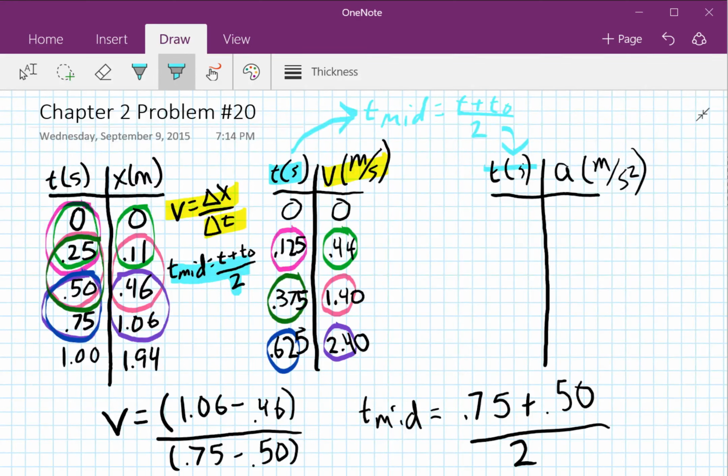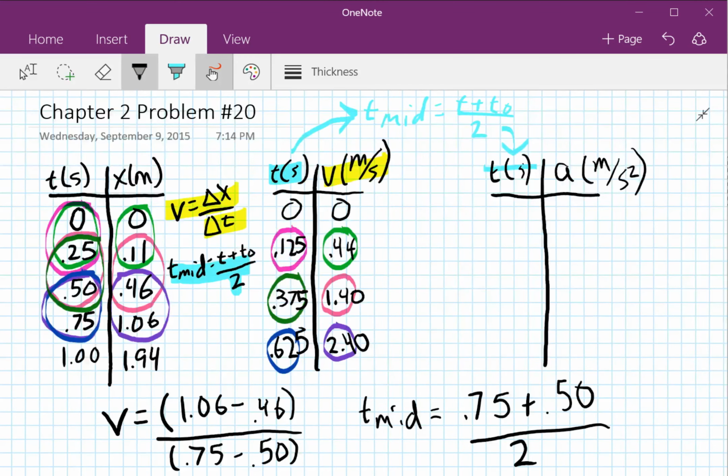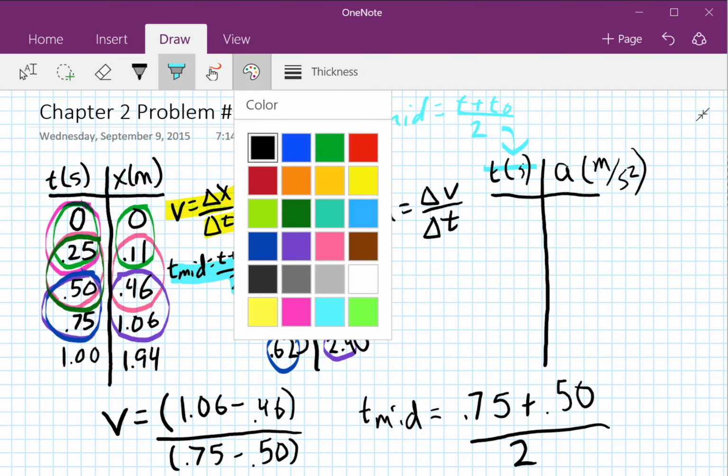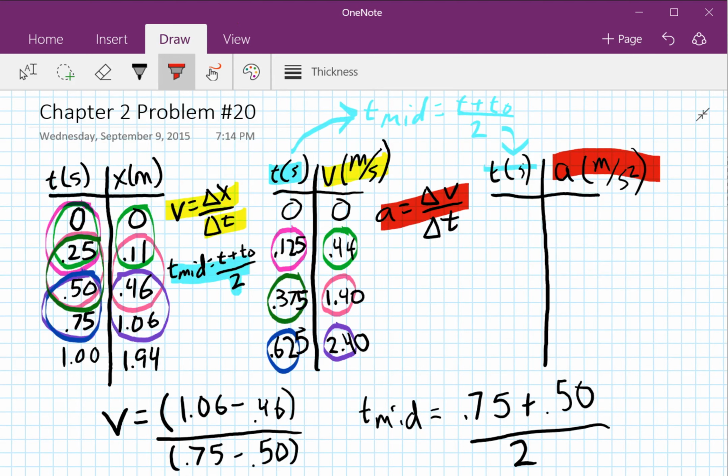Now acceleration is very similar to the velocity, it's just the slope of the velocity graph. So the equation is going to be delta V over delta T. And that will give you what you need to know to take values from here. There you go. Okay.